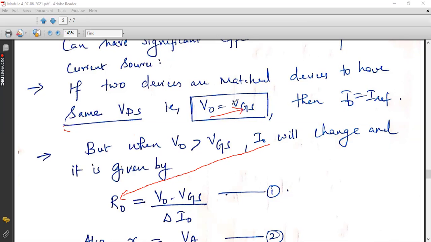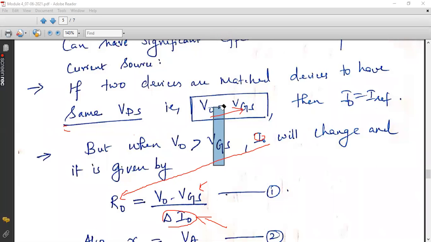But due to some reason, we are having a change. So what is the change in the voltage? What is the difference in the voltage? The difference in the voltage can be denoted as V naught minus VGS divided by, accordingly, your current has also changed. So that change in your current can be written as delta I0. So change in output voltage divided by change in output current can be denoted as a resistance R0, given by equation number 1. Clear?